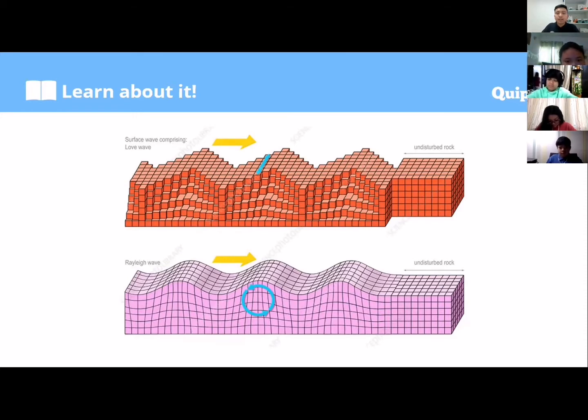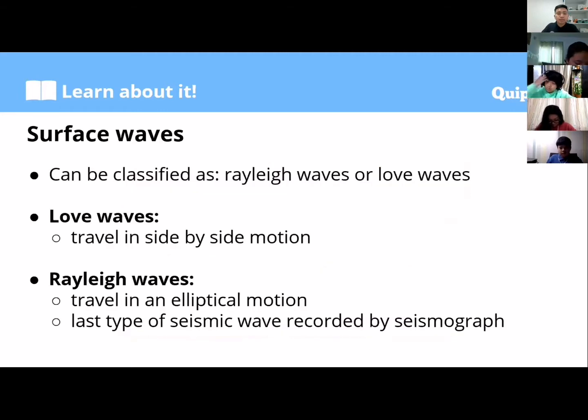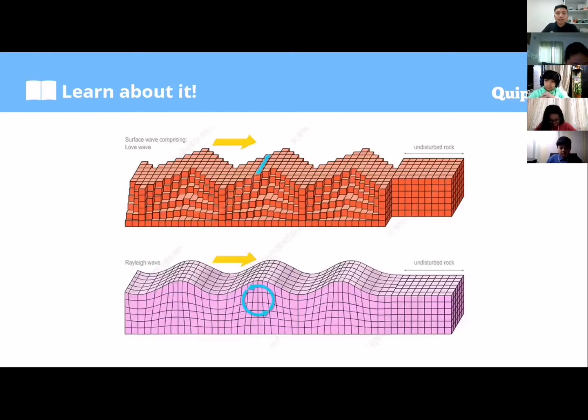So you can see elliptical siya, yung movement dito. Elliptical. And then dito, side by side. Tingnan mo, imagine yung movement ng chunks ng rocks. Side by side siya. And then ito, elliptical, like parang circular din siya, yung movement. And then mapapansin nyo, there is a compression as well that is happening dito sa Rayleigh.